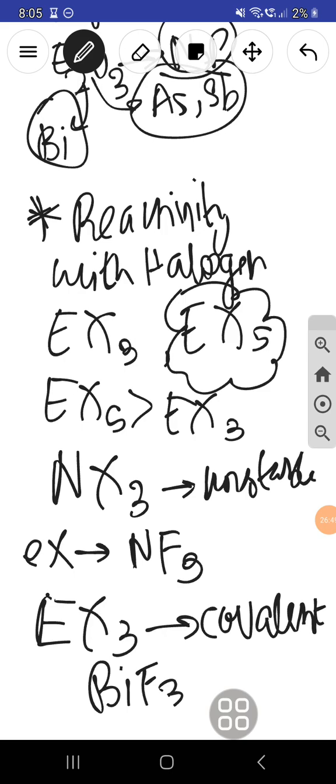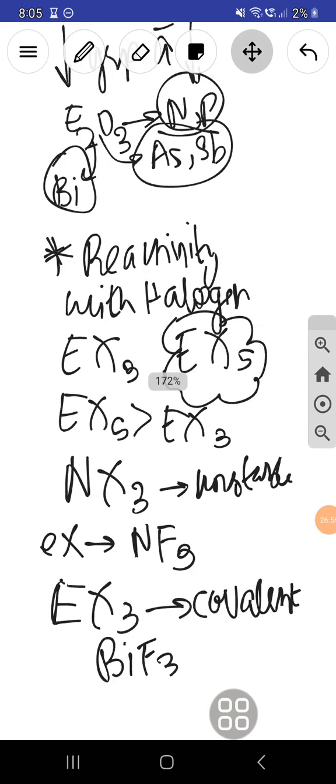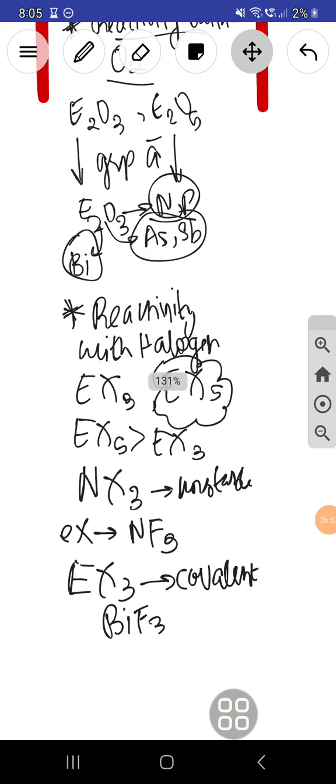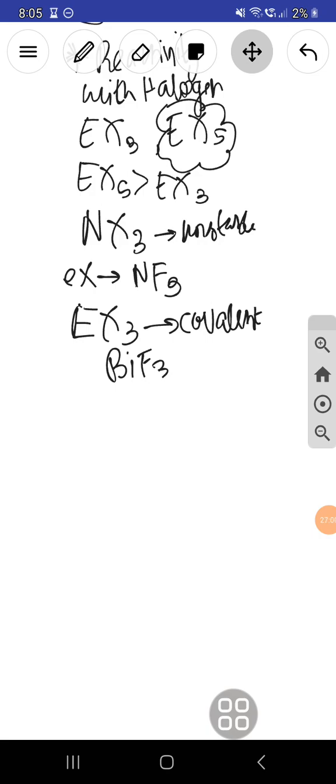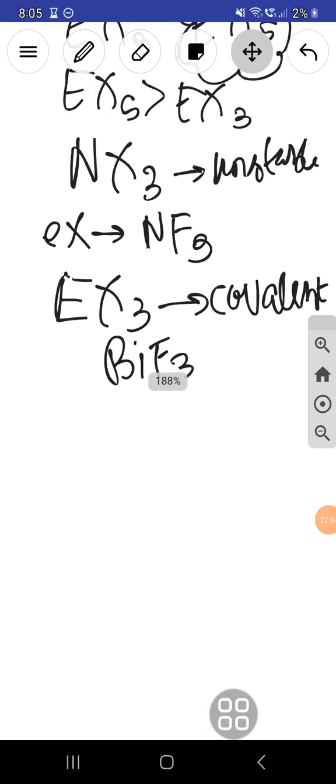Okay. Next important thing that we have to learn is its reactivity with metals.